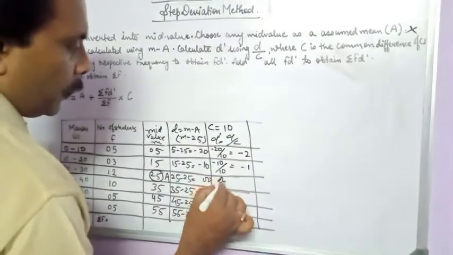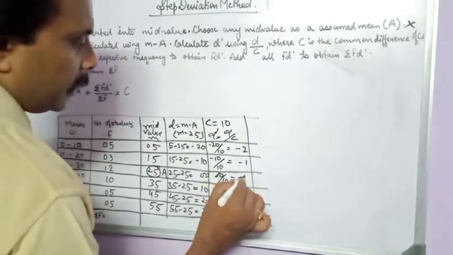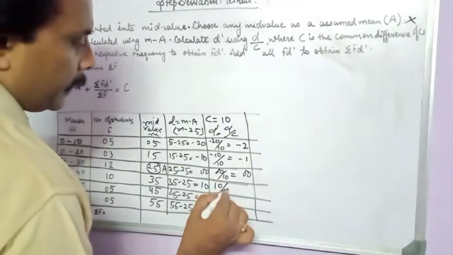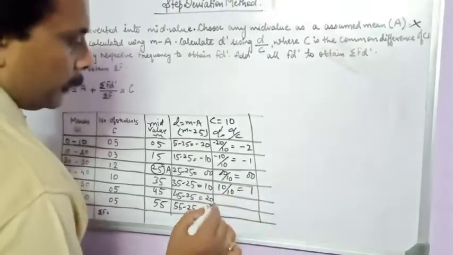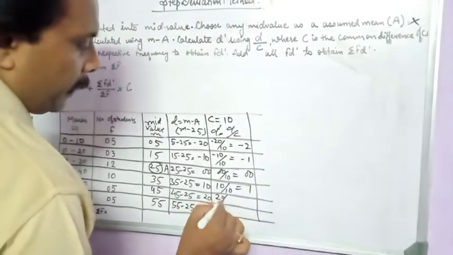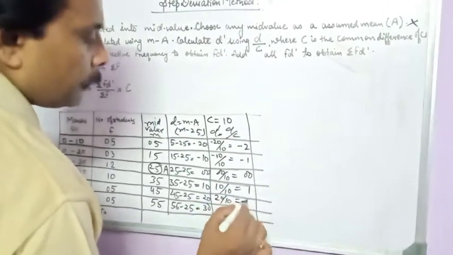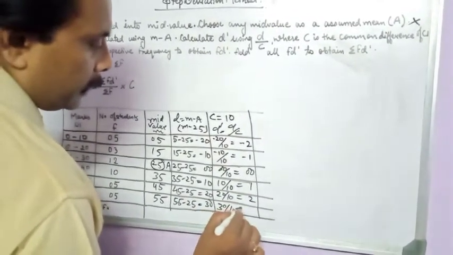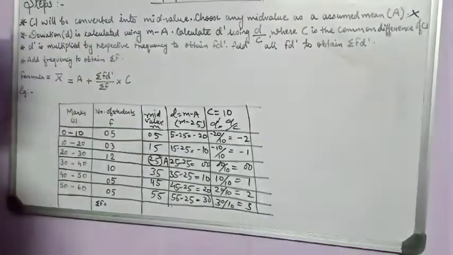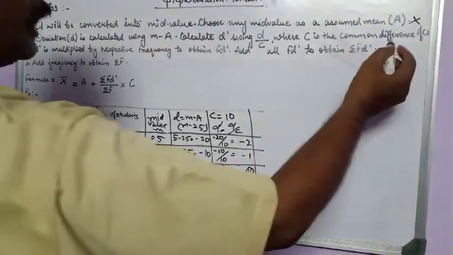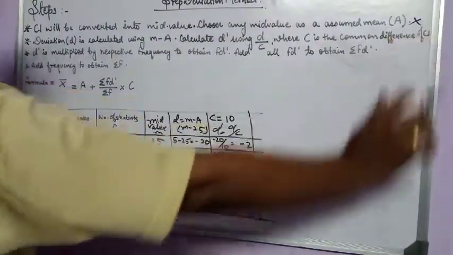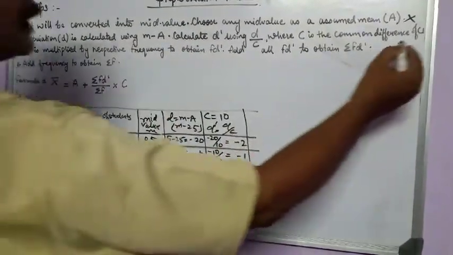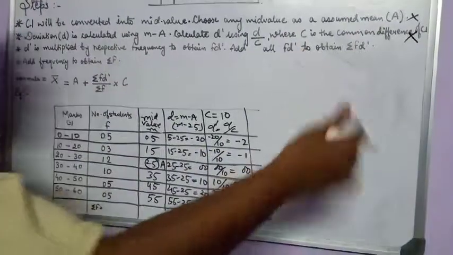So 0 divided by 10 is equal to 0. 10 divided by 10 is equal to 1. 20 divided by 10 is equal to 2. 30 divided by 10 is equal to 3. Clear? So now again the common difference C we have already done. Next step. This line I have already completed.